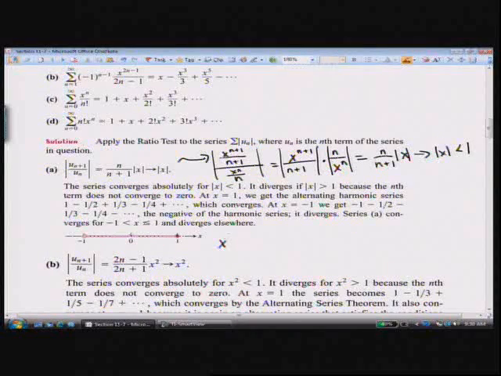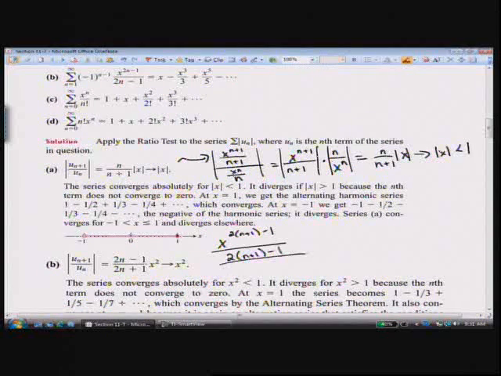So that's going to be x to the 2 times n plus 1 minus 1 over 2 times n plus 1 minus 1, and you're going to divide that by x to the 2n minus 1 over 2n minus 1.